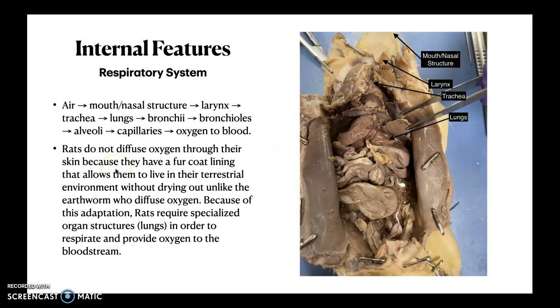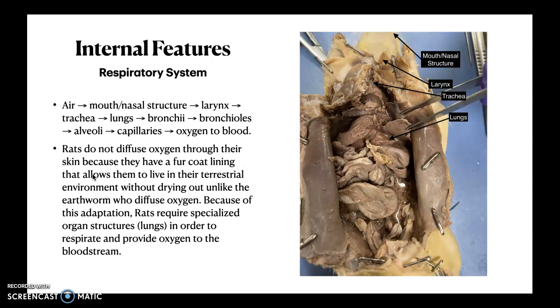Rats do not diffuse oxygen through their skin because they have that fur coat lining, and that was an evolutionary trait that allowed them to live in terrestrial environments. And that also helps them stop from drying out, unlike the earthworm, who diffuses oxygen and uses that moist skin to provide nutrients to its bloodstream.